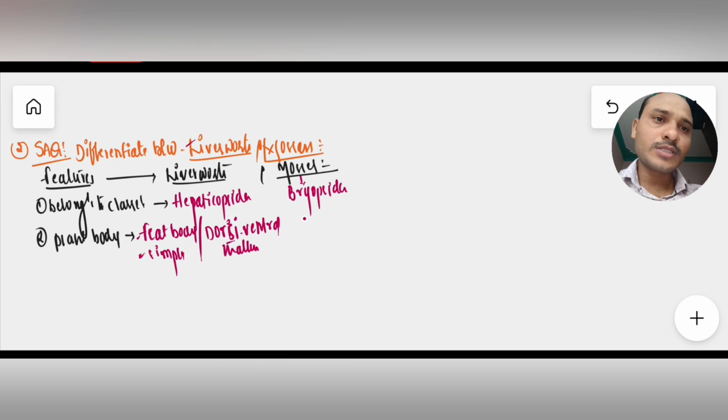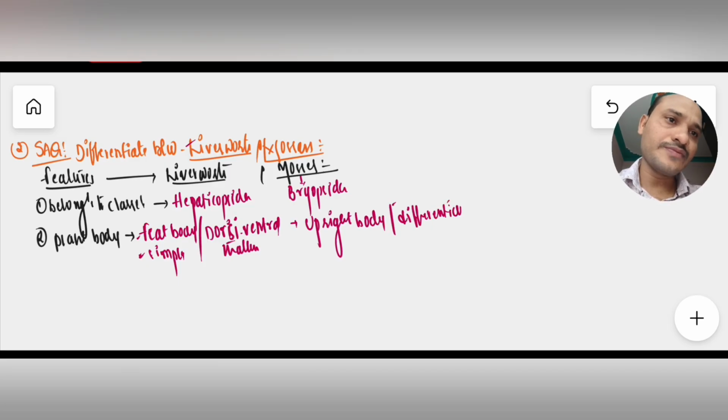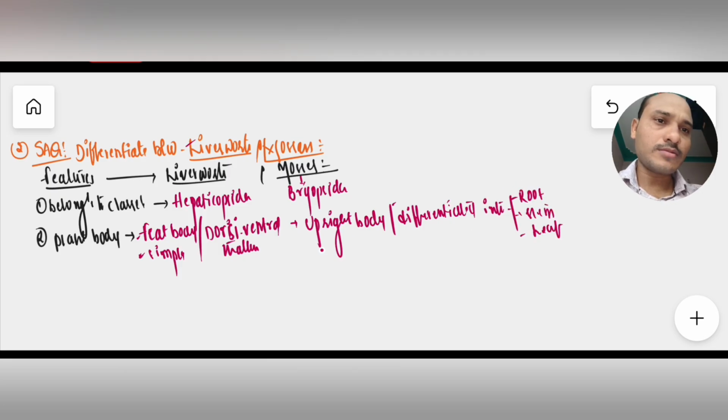Now coming to mosses, their body is an upright plant body, differentiated into root-like, stem-like, and leaf-like structures. Their body appears leafy, and it is an advanced plant body.